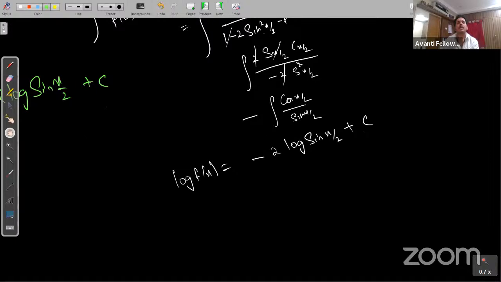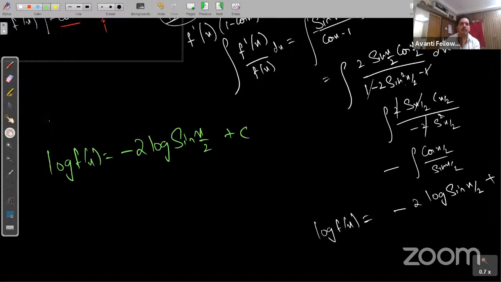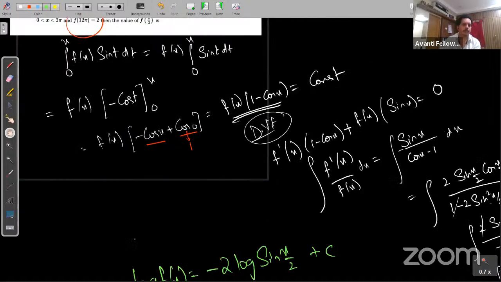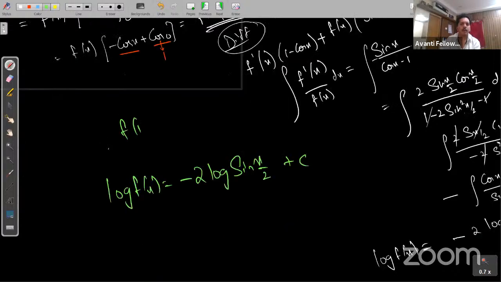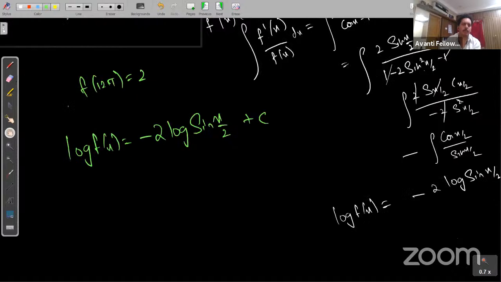And he has given f of 12 pi is equal to 2. So if you substitute f of 12 pi, it is log 2, right? So log 2 is equal to minus 2 into sin 12 pi, sin 12 pi you will get, it is going to become completely 0 or infinity.